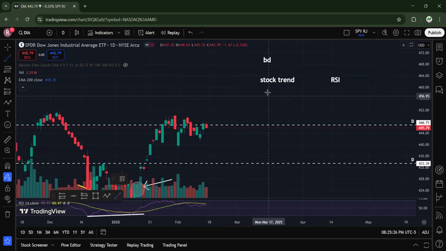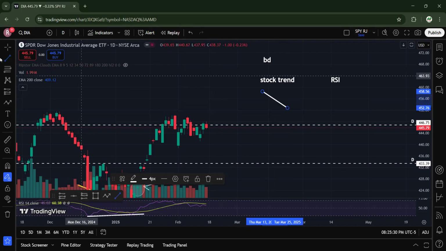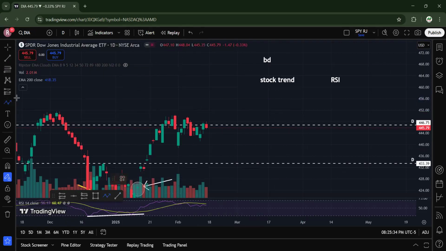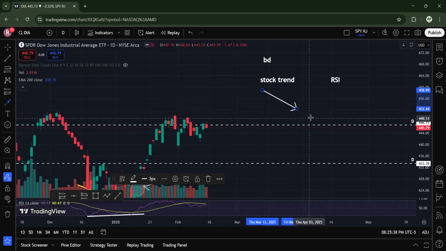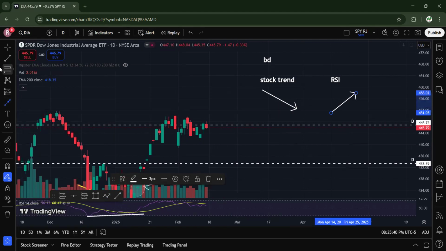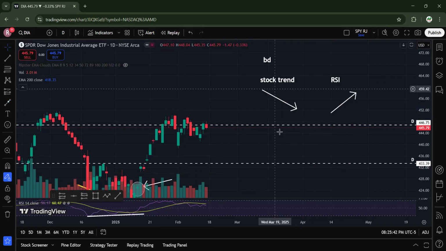On bullish divergence, you're going to see the stock trend going downward, which I'll use an arrow for. The stock trend is going to be coming downward, but the RSI is going to be going upward. All right. So the stock is going to be making lower lows. The RSI is going to be making higher lows.